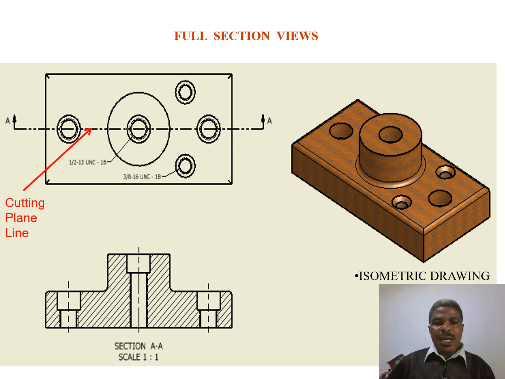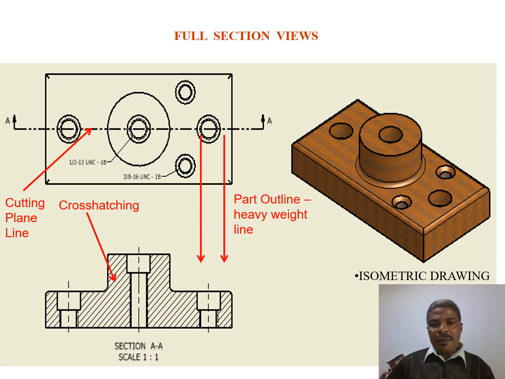So cutting plane line is indicated here. This is a cross-hatching lines. Part outline heavyweight line, so you can show clearly the boundary lines with the thick or object line.